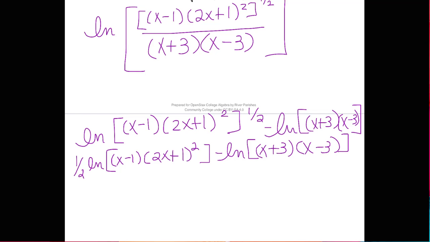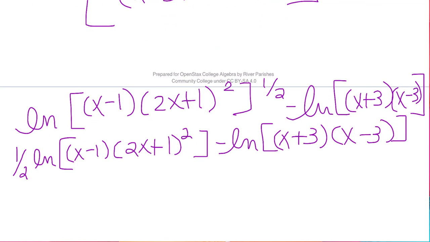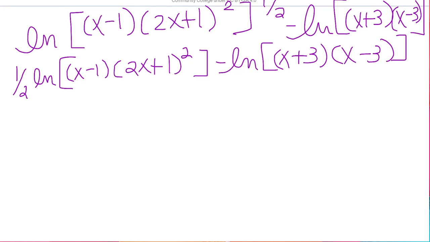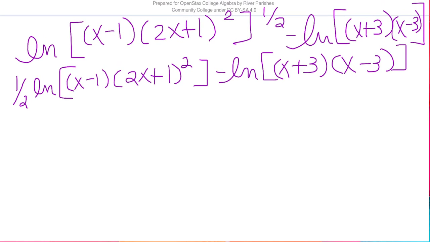Okay, make this a little bit bigger now that we've gone down a few steps. Next, if you look in this first term, you see the natural log of a product. So we can do the product rule for logarithms.